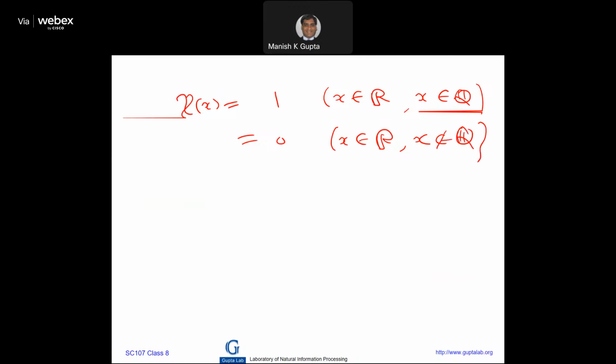So this function is what? Continuous or discontinuous? So this function is defined for every a, right? So I mean, this function is also discontinuous everywhere on the real line. I'm going to show you through epsilon delta, okay?